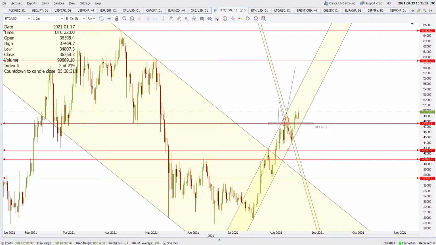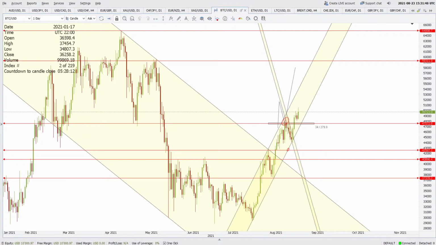Actually, a really big pullback after 50,000 was expected on Bitcoin. But 50,000 has not been achieved yet, and today on intraday the price has tested this 50,000 level, and the candle has not yet closed.